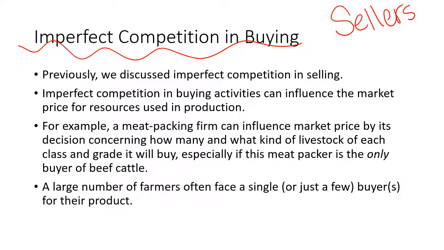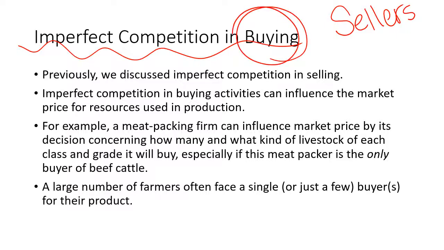We can have many sellers of similar products that are slightly differentiated, and that was our monopolistic market. And then we can have oligopoly markets where there are a few different sellers, and then we could have monopoly markets where there was one seller of a product.